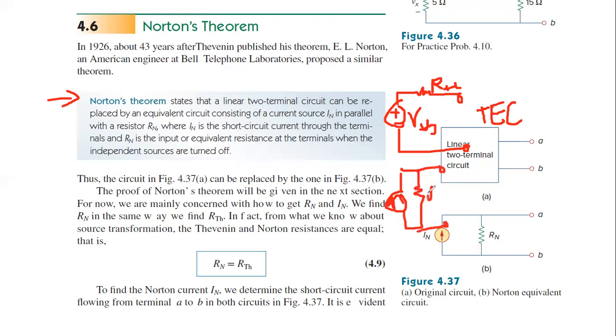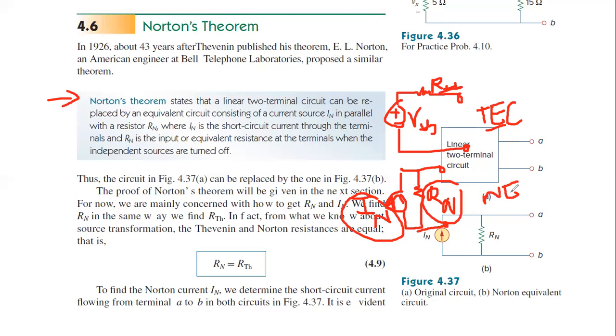Here the resistance is R, the current is I. When you use the same type of equivalent circuit in Norton's, the R will become Rn, the I will become In. Rn is Norton's equivalent resistance, In is Norton's current. RTH is Thevenin's equivalent resistance, VTH is Thevenin's voltage. So this is called TEC, this is called NEC.